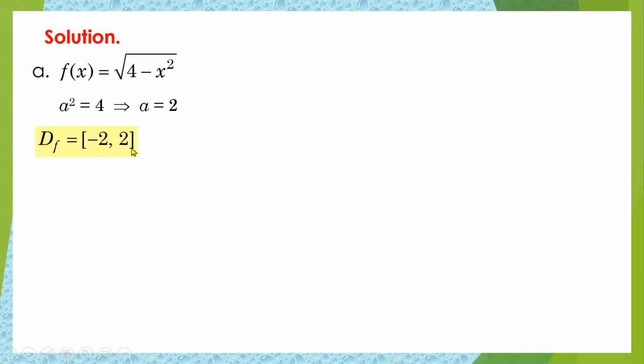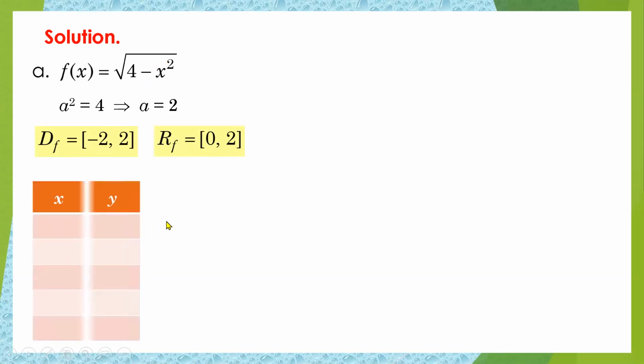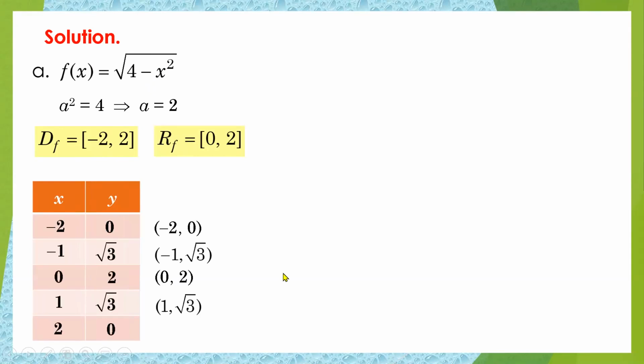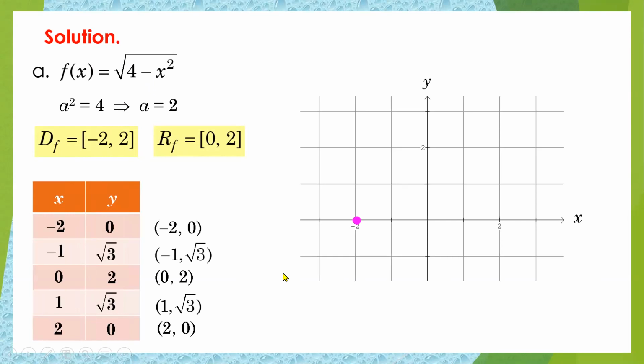Negative 2 to 2 ang domain. Negative A to A, range 0 to 2. Because this is always positive or 0. Assigning values between negative 2 to 2, these are the values. Plotting them. Then traced by a smooth curve.